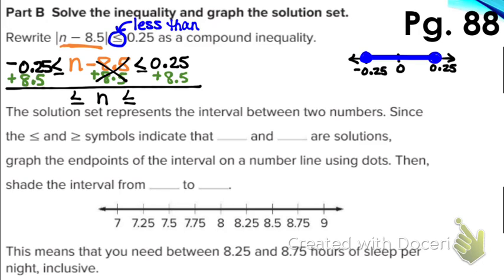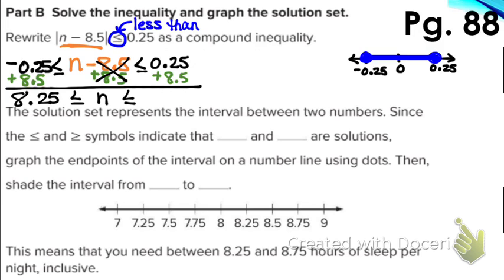What is negative 0.25 plus 8.5? 8.25. How did you get that?